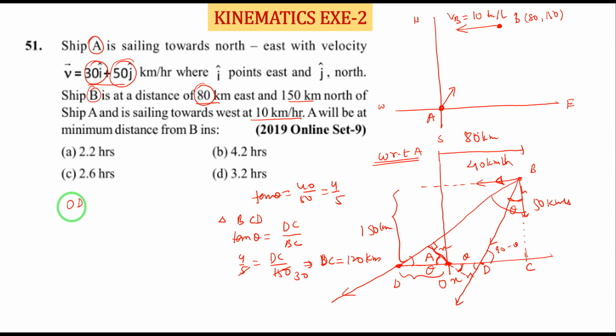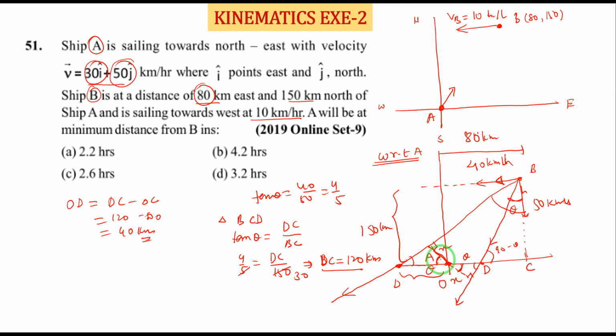Okay, और अभी हमें DC पता लगा है. So DC में से OC को माइनस करेंगे तो OD मिलेगा. DC minus OC is this, that is 120 minus 80. This is giving you 40 kilometer.